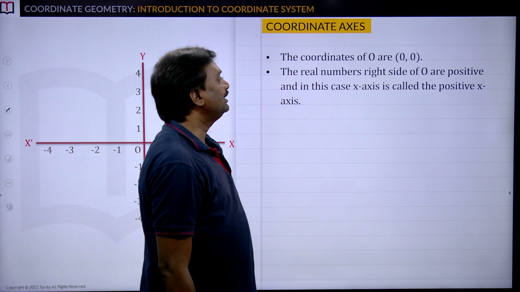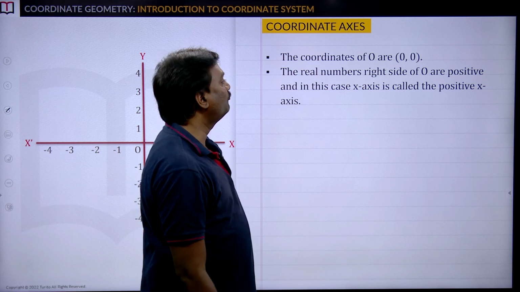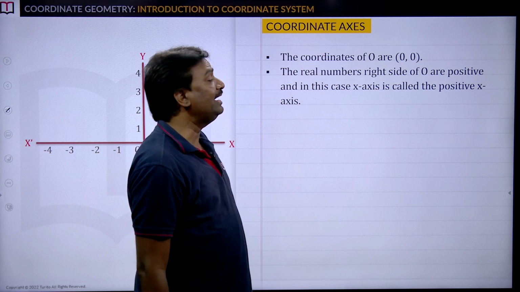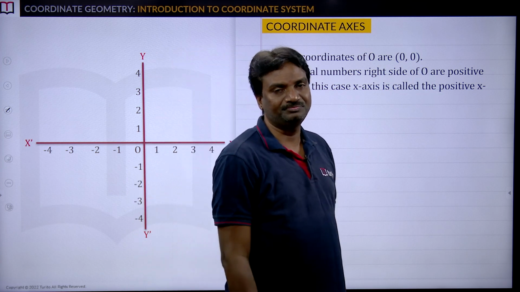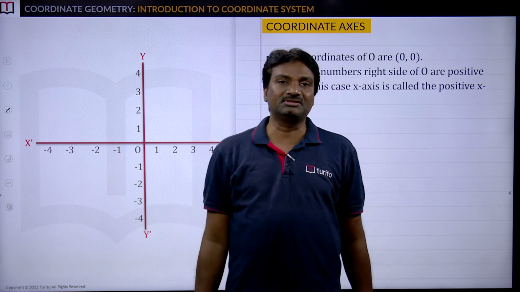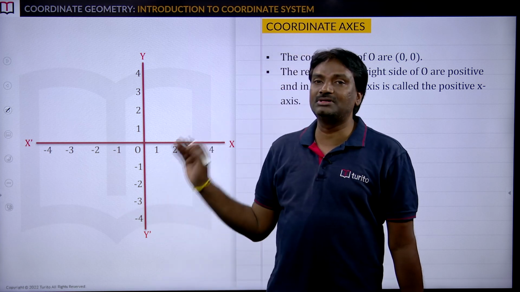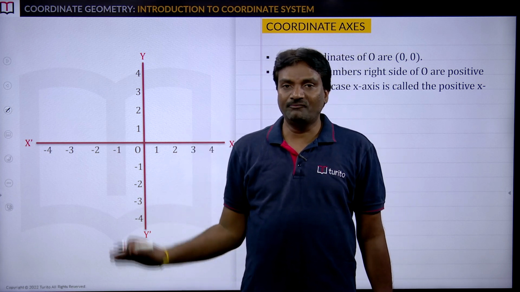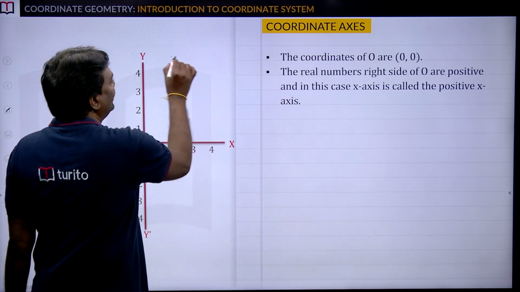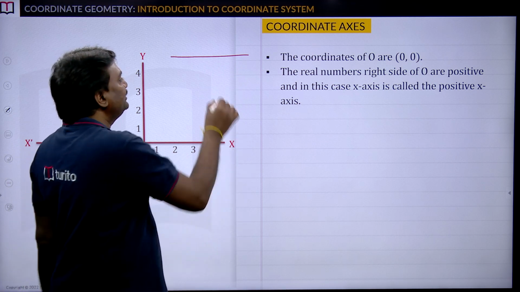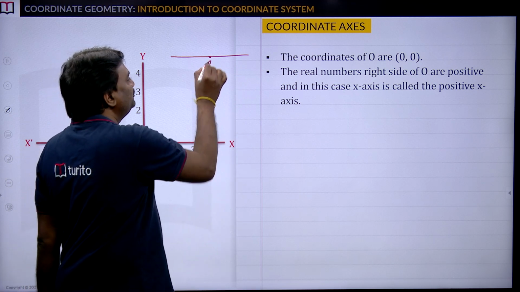Next, the real numbers right side of O are positive, and in this case x-axis is called the positive x-axis. In our previous classes, 6th class or 7th class, we have discussed the number line. With respect to that number line, if we take a line like this, we can take exactly at the middle of this line some 0.